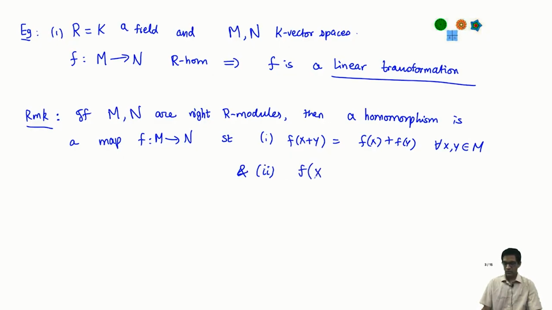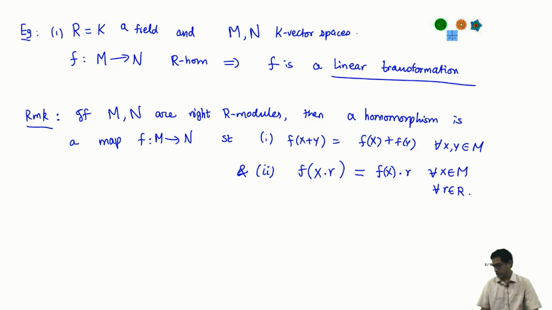Recall the notational convention for right modules: we often think of the scalar as multiplying on the right. So f of x dot r is f of x dot r. If you have a map satisfying these conditions, then you would call it a homomorphism of right modules.